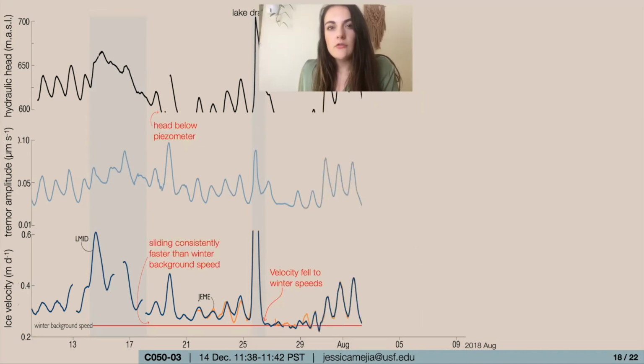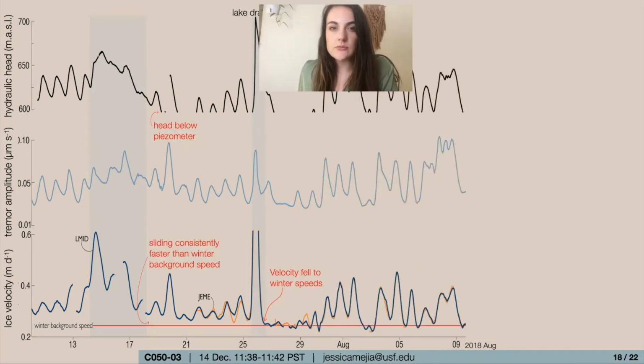After diurnal variability resumed, sliding speeds continued to drop to these wintertime background speeds throughout the rest of the melt season.